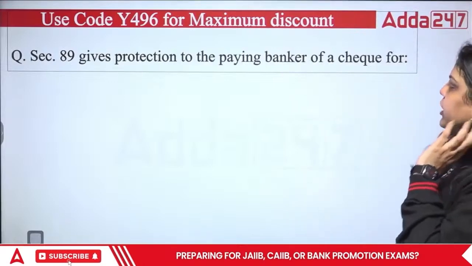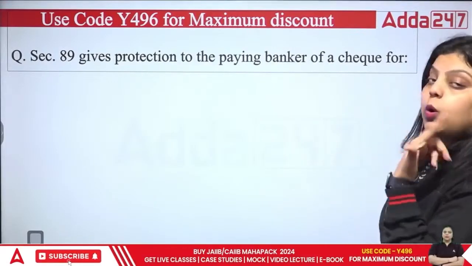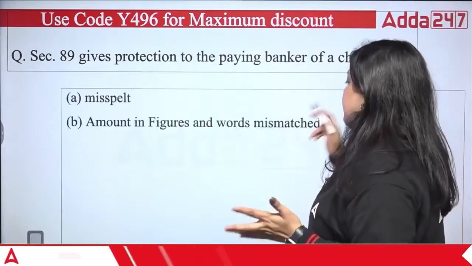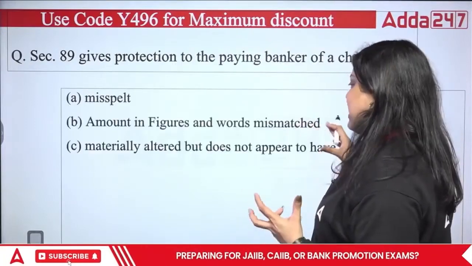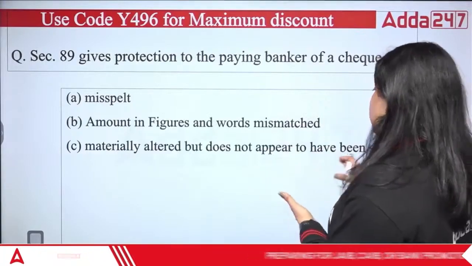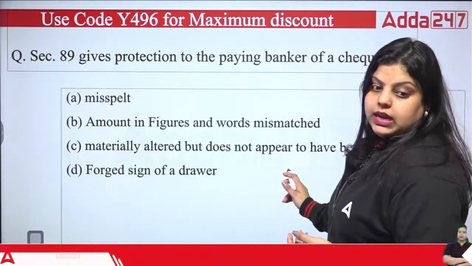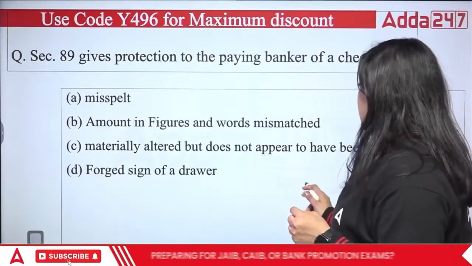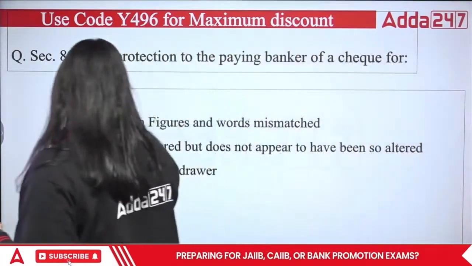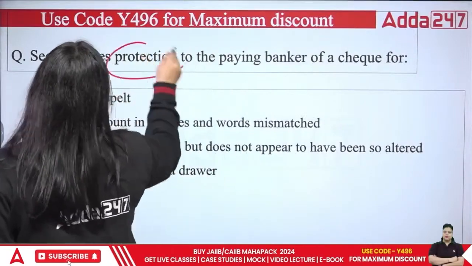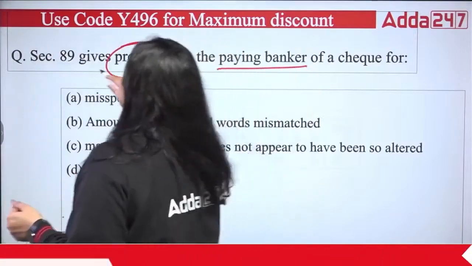Section 89 gives protection to the paying banker of a check for what purpose? For misspelled, amount in figures and words mismatch, materially altered but does not appear to have been so altered, or for sign of a drawer. In what situation or in what case will the protection be given to the paying banker under section 89?